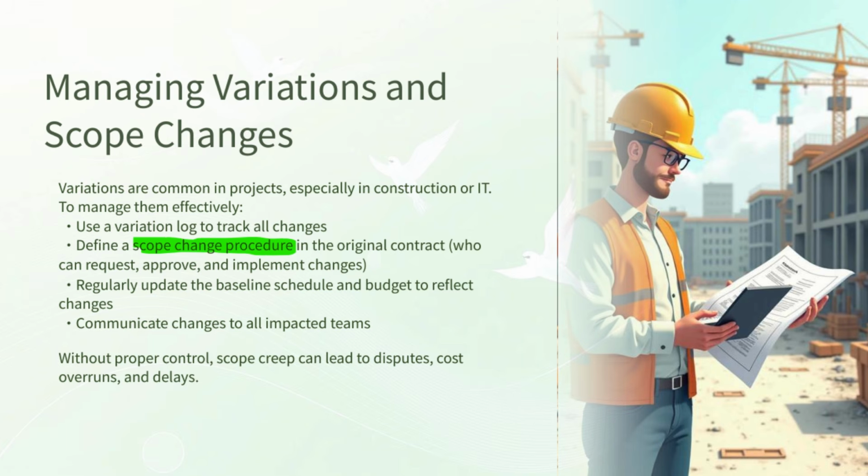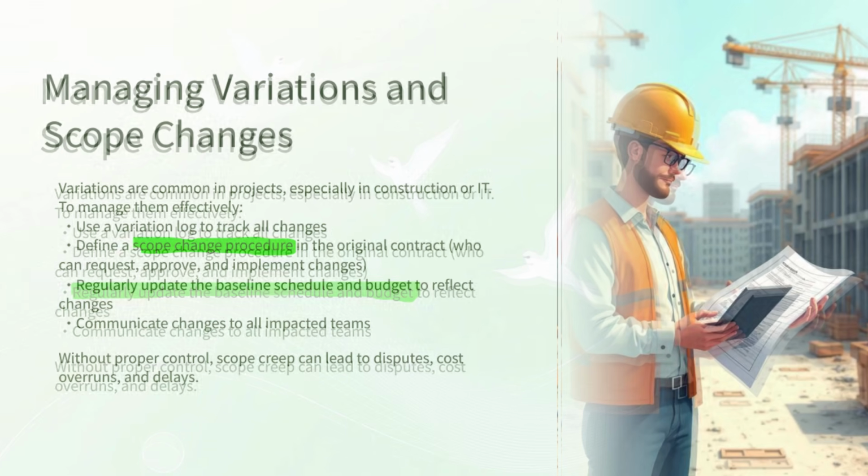It should also describe the steps to follow once a change is approved, for example, how to update the schedule, cost, and documentation. When these procedures are defined in advance, it helps to prevent confusion and ensures that all parties handle variations consistently and fairly.